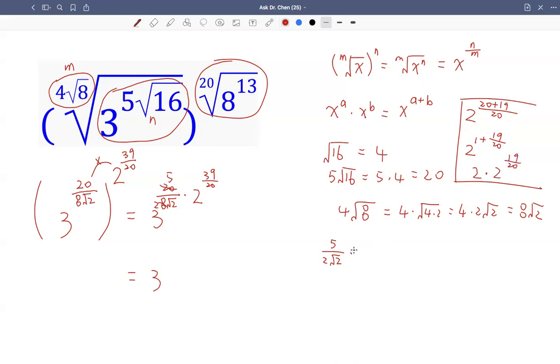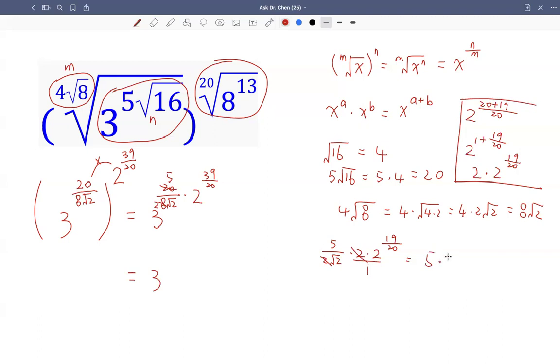Let's write in that case. Because 2 times 2 raised by 19 over 20, these two cancel this in the denominator, right? Because this is over 1. The factor in the numerator, same as the factor in the denominator, cancels out. Now, what about this radical 2? So this one, we can leave 5 on the side.